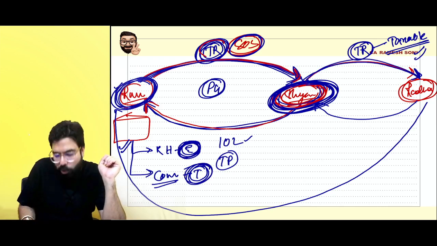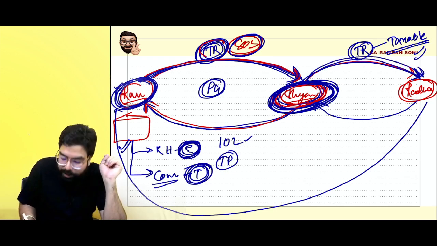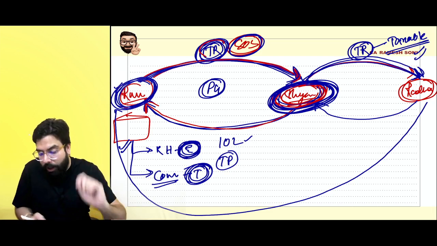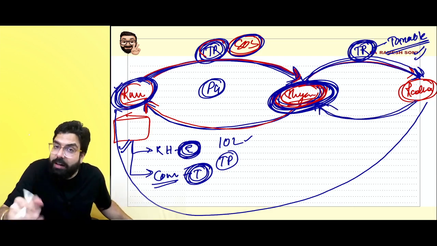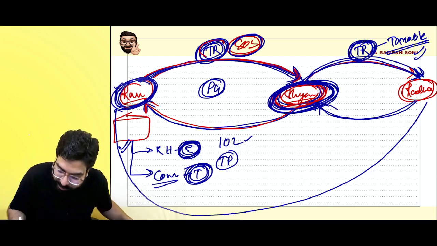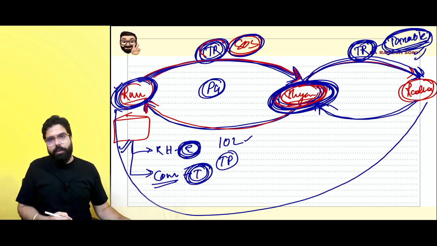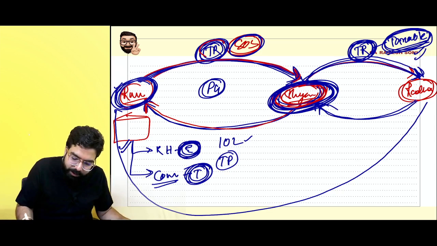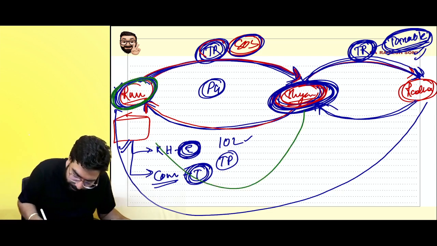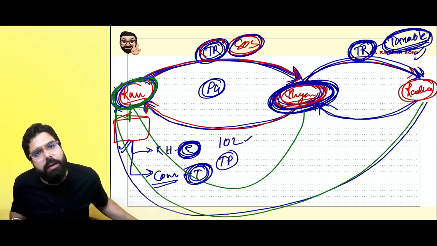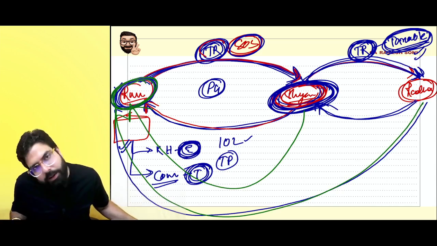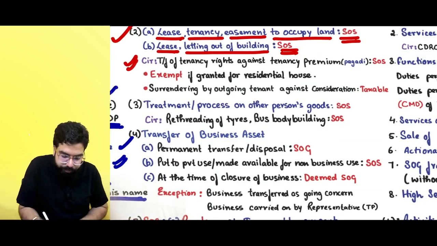Further, if Sham has transferred to Radha, who is the incoming person, and you have taken some amount from her, you are doing business in tenancy right, whether commercial property or residential property, it shall be taxable. Done, sir. Sir, what if this original owner is also taking some rent from this person? Residential property ka rent exempted, commercial property ka rent taxable. Done, sir. Next.